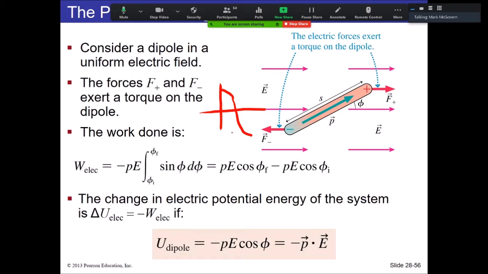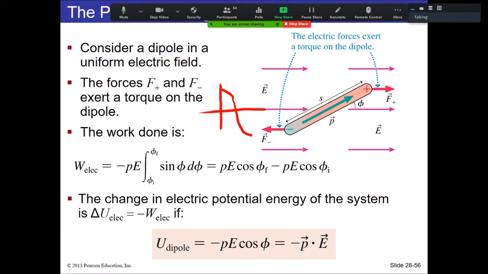What that means is in its stable configuration, the angle is 0, and so we're up here at the top of the cosine curve.